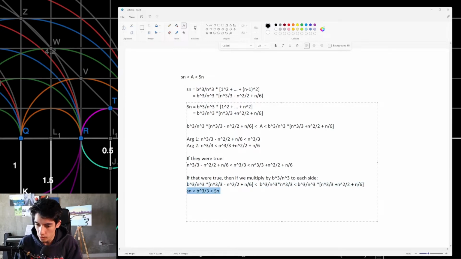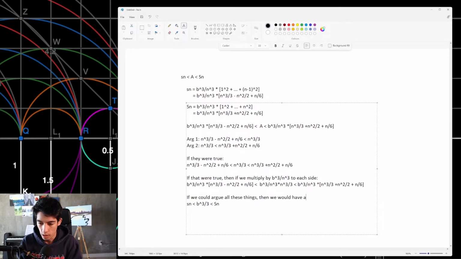If we could argue all these things, then we would have a simplified inequality that looks like this.